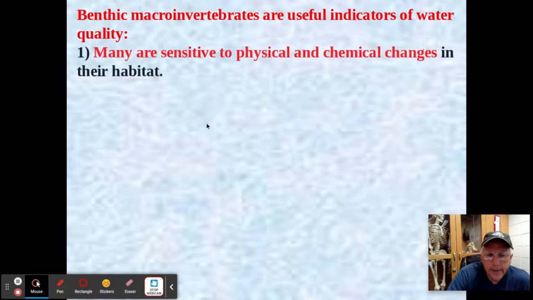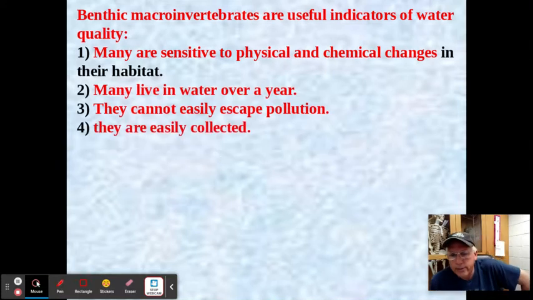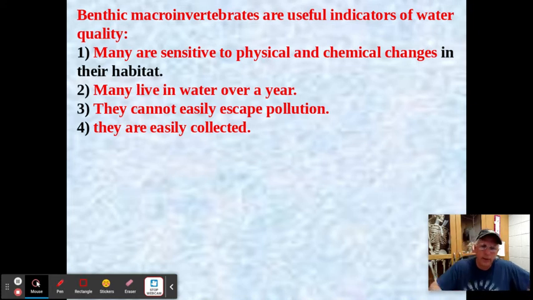Why do we use these guys? They're very sensitive to physical and chemical changes. They live in the water sometimes up to 2 years before they become an adult insect. They can't escape pollution, they're kind of stuck there, and they're easy to collect. Put these four things together, and they're a great thing to use to study water quality.